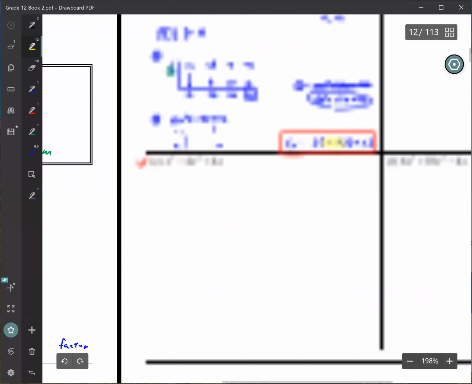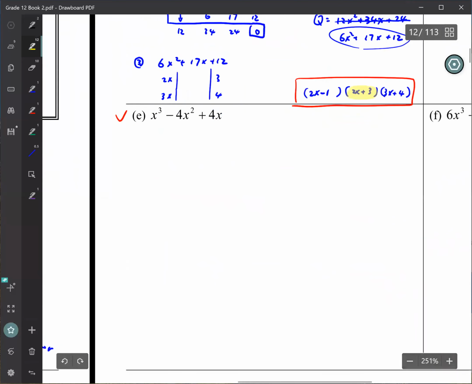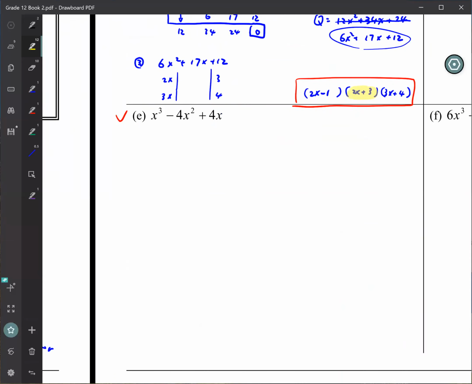Okay, last one here, question E. I would like you to take a look. Question E, how is it different from A and C? Anybody can answer, okay? What do you see in question E? No constant. No constant, yes. So what should we do then?